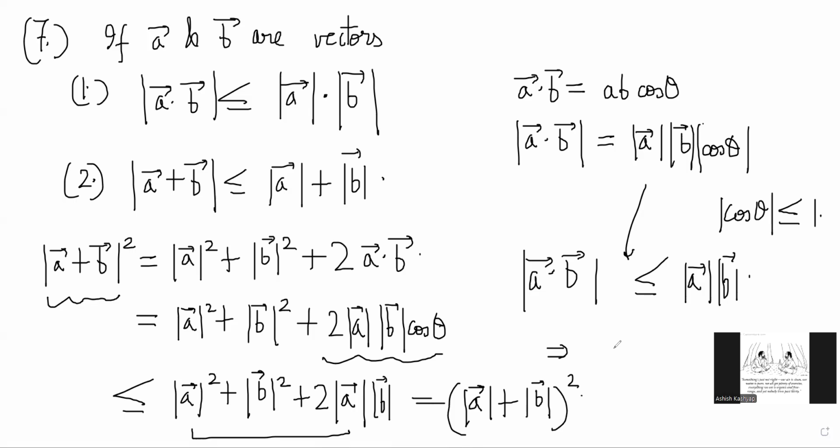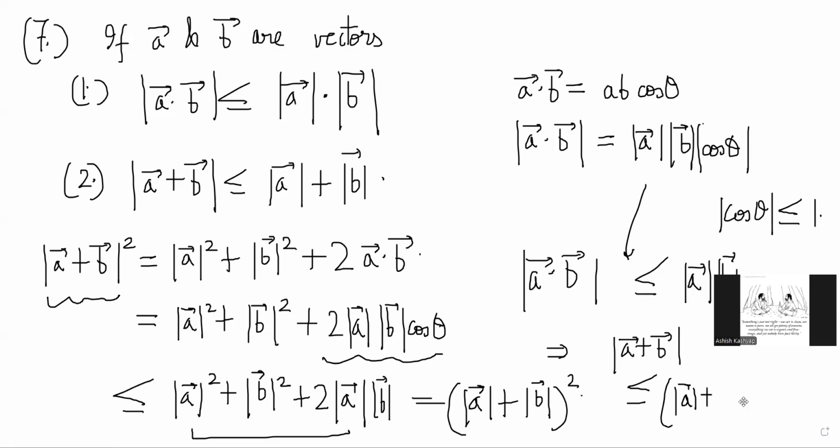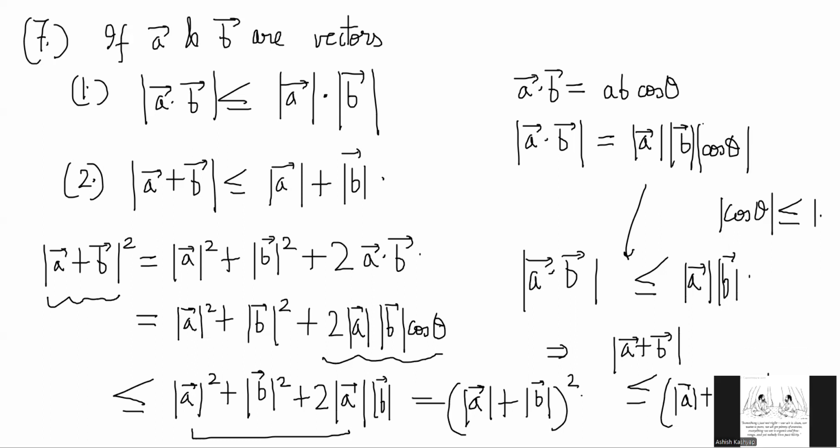So from there we can prove that mod of A plus B is basically less than or equal to mod of A plus mod of B. So that inequality is done, right? I hope you have understood the proof. We have squared it and we have written this term, which is an identity. And then we said that cos theta is less than 1. So we got a perfect square here. And then we get the proof.